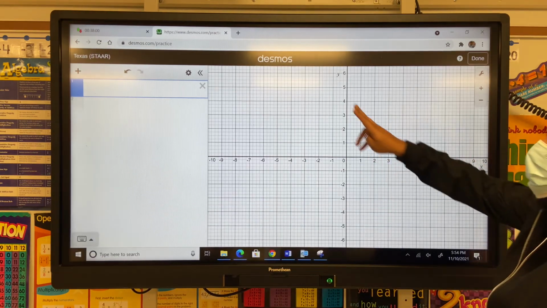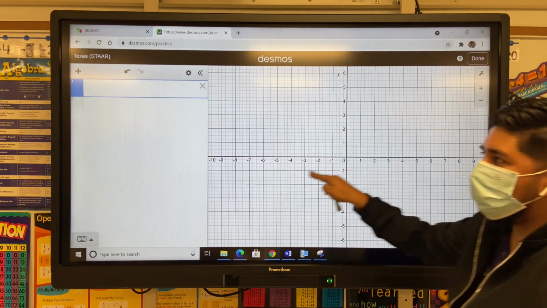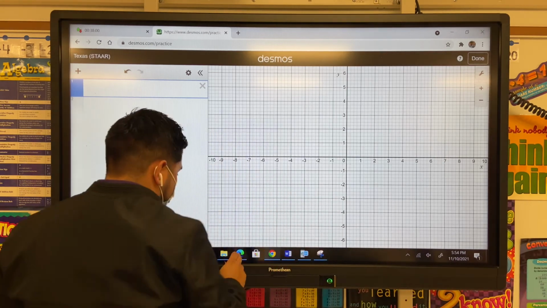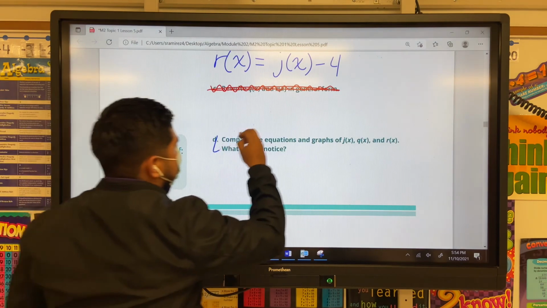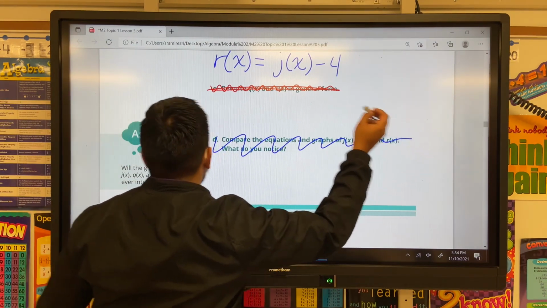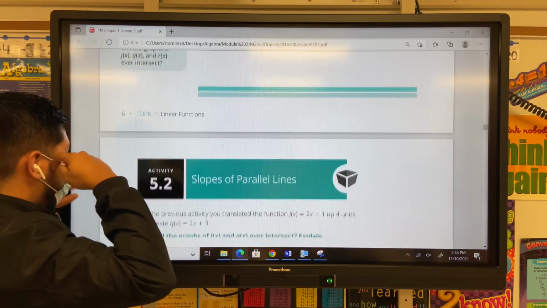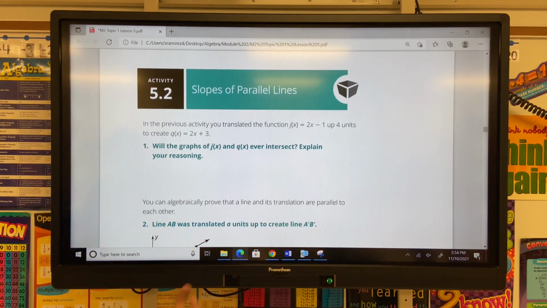And we fix our graph. I see the Y, I see the X, I see all the numbers, looks beautiful. Okay. I'm going to ignore letter D for right now, just because we're about to jump into it in just a second. 5.2 is the next lesson, next video.